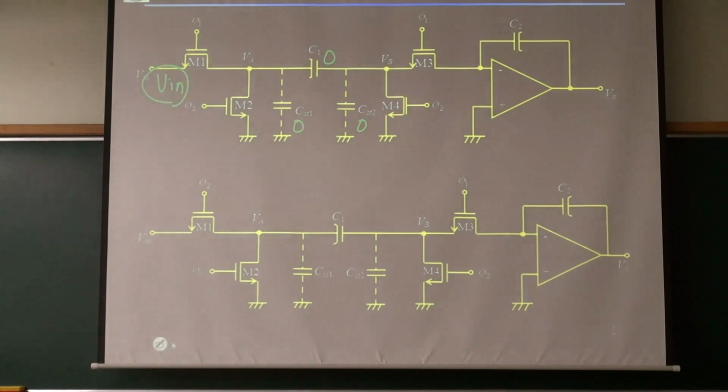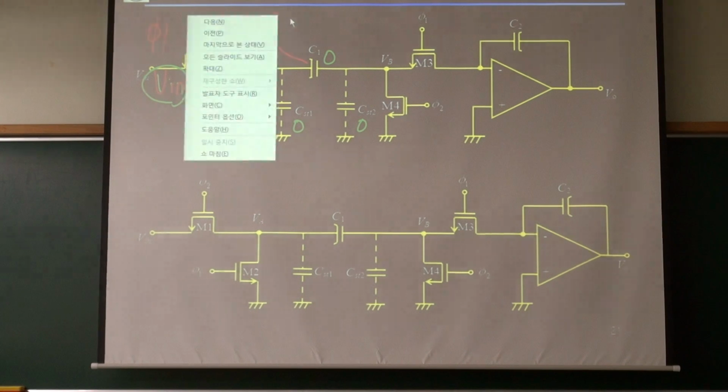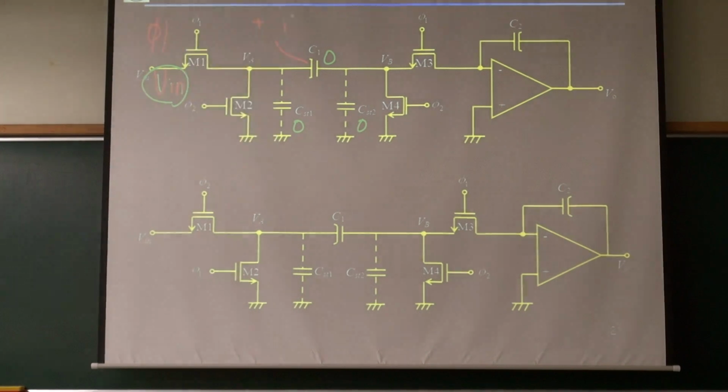Let me change color. So during by one phase, say this C1 will be charged to C1 Vin, and this charge will be minus C1 Vin. There is a charge that will be added there.